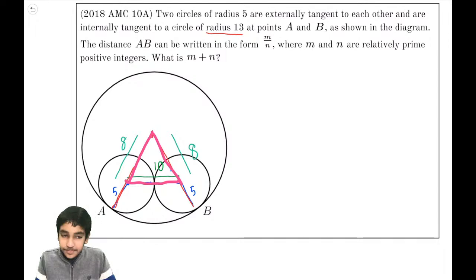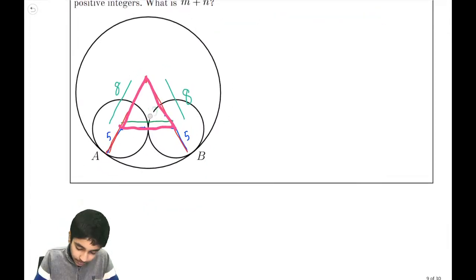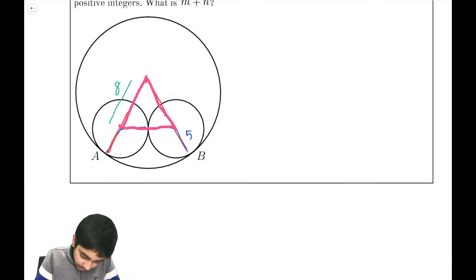So now what do we want to do from here? How do we find the length of AB? Well, let me just clean up the diagram a little bit. How do we find AB?